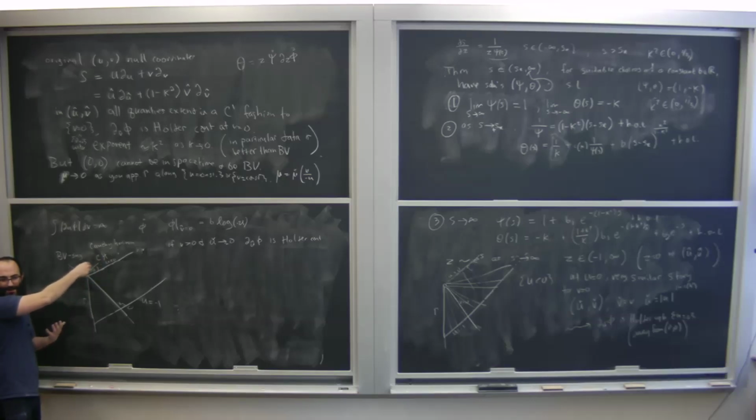You don't know what to put. You can always put some extra data and try to solve there, but there's no unique way to keep going. In fact, there are many non-unique ways to extend here as a solution, and that's kind of weird, right?